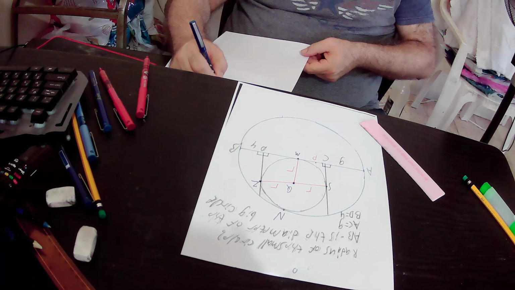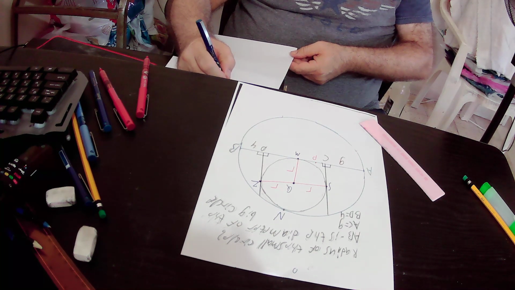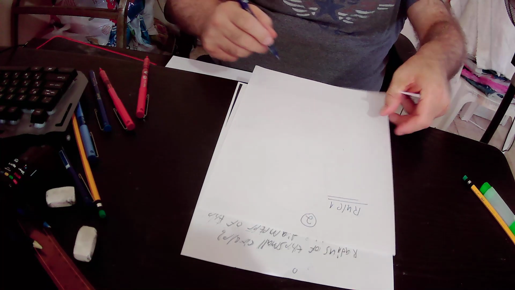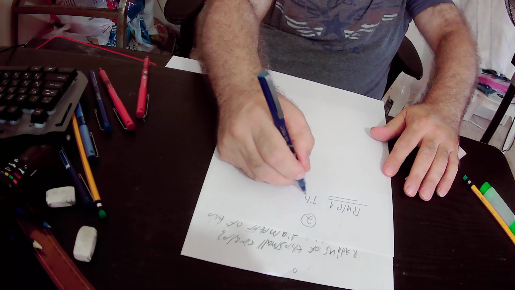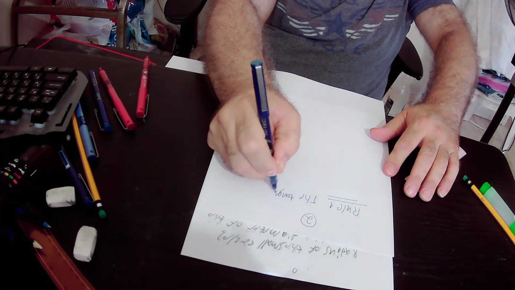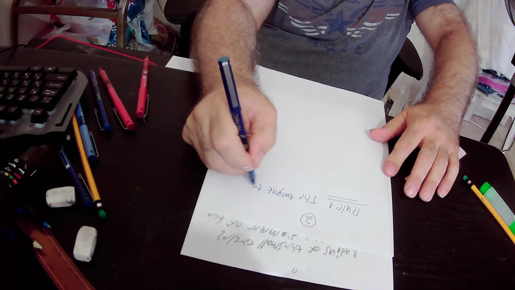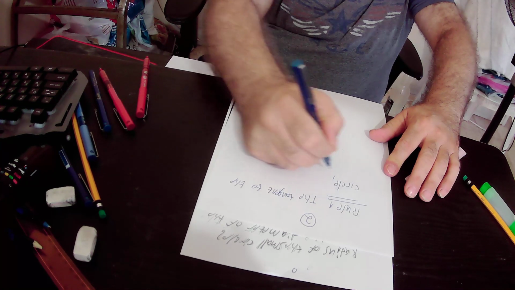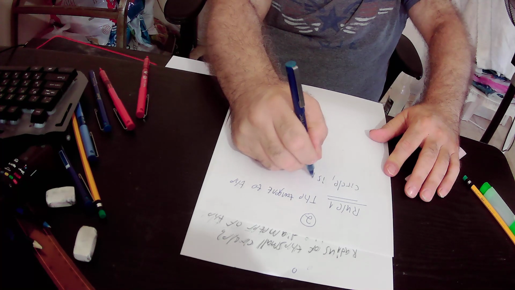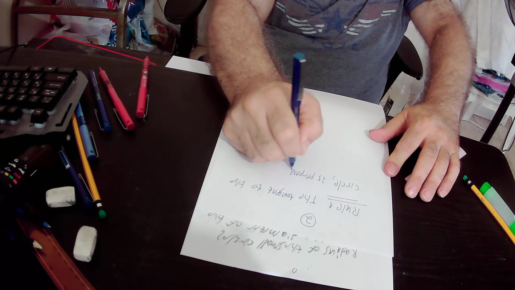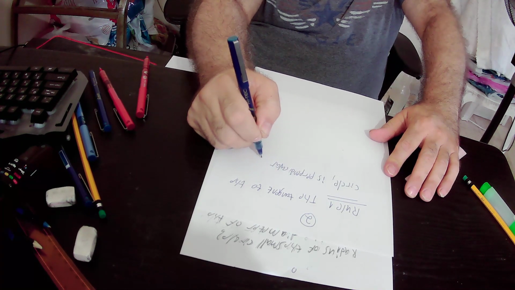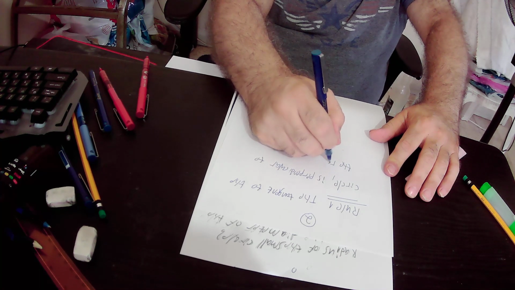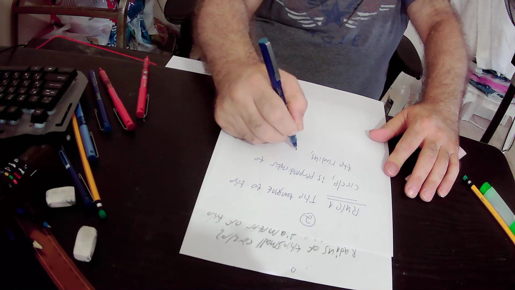Rule number 1 states that the tangent to the circle is perpendicular to the radius at the point of tangency.